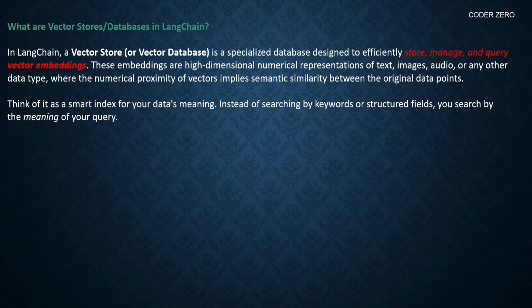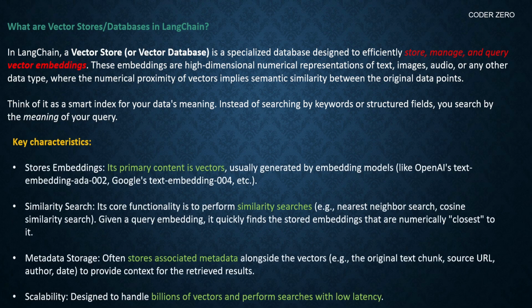We need something to store those embeddings and to do this search operation, and a vector database helps in this area. It helps in similarity searches, we can store metadata with respect to each vector, and it is designed to handle billions of vectors and perform searches with very low latency.